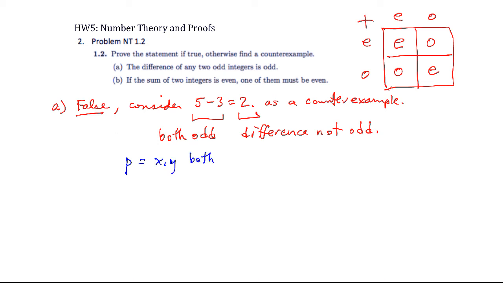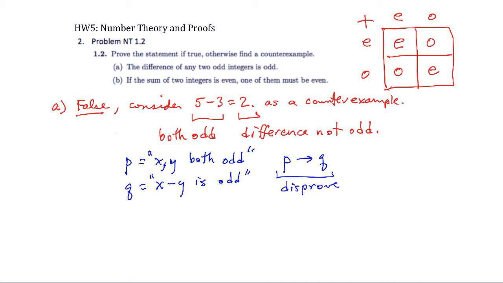So let me rewrite that with P being the statement that x and y are both odd, and Q the statement that x minus y is odd. Then part A is the statement if P then Q, right? If they're both odd, then the difference is odd. And we need to disprove this.